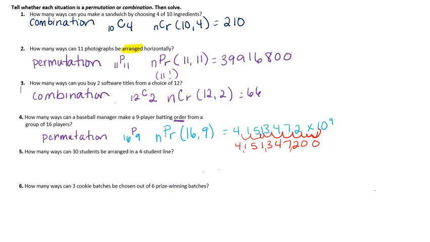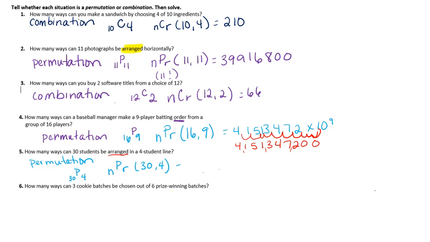How many ways can 30 students be arranged in a 4-student line? There's my keyword, arranged. So this is a permutation. It's going to be, let's see, 30 students taken 4 at a time. So this is how I'll type it in the calculator.